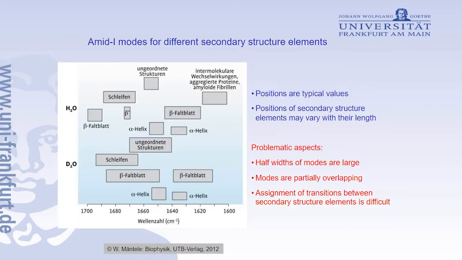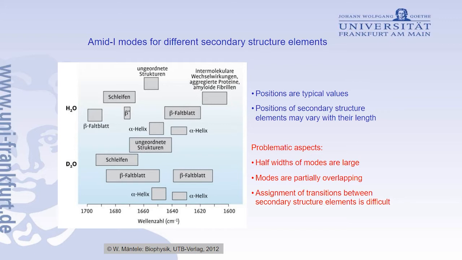But the point is that if you look at a small range in the infrared spectrum from about 1700 to 1600 wave numbers, you have secondary structure elements that absorb differently. You find regions where you have unordered structure, that's on the top.